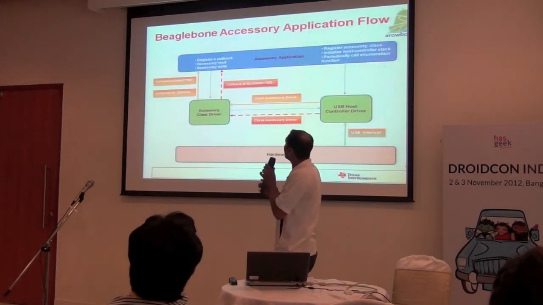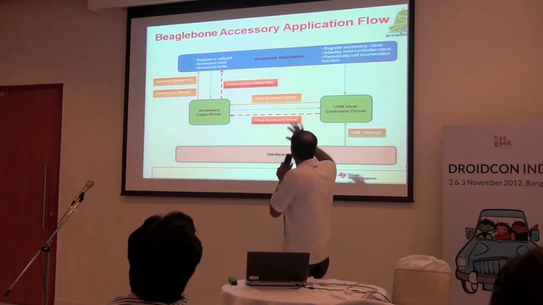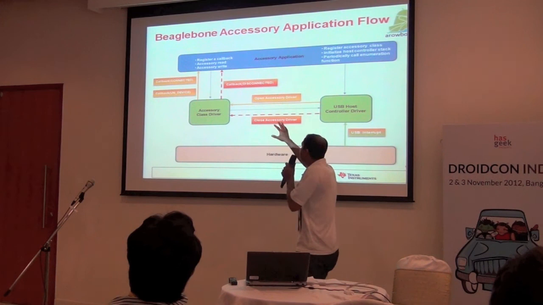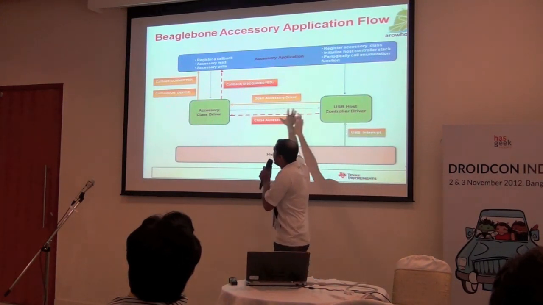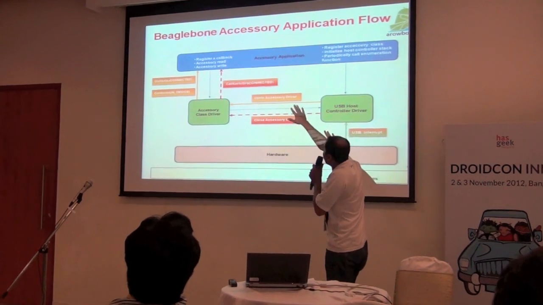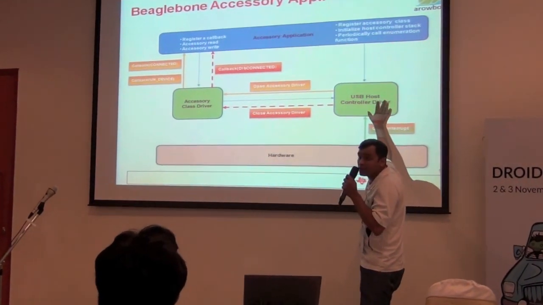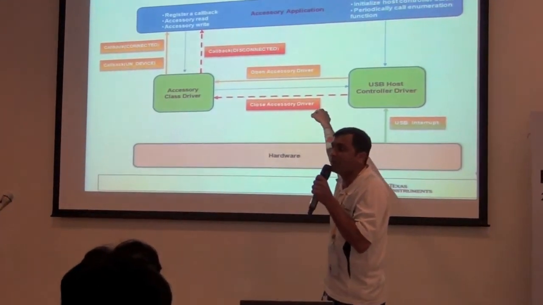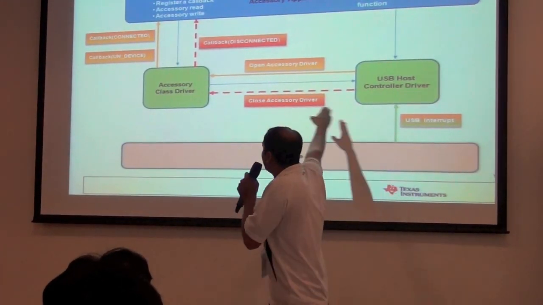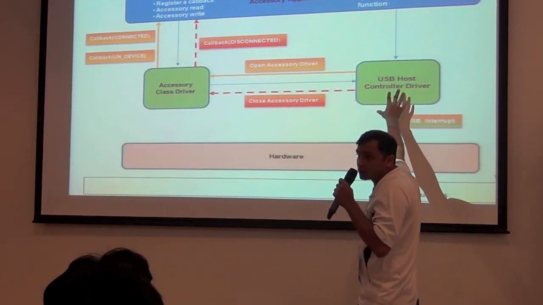So to write your own accessory application, to develop your own accessory, you have to follow this. Basically, you have to access the host controller class driver and accessory class driver. From the accessory application, you have to just register the accessory class so that all enumeration events can be passed to your class driver and your application, and then you have to initialize the host controller stack.